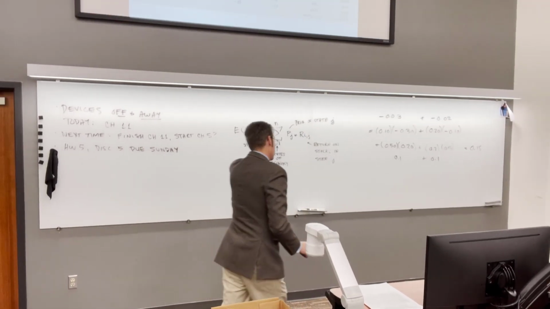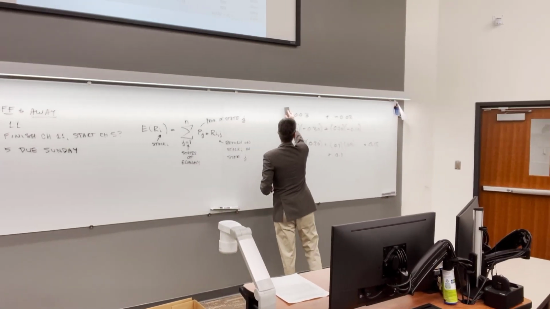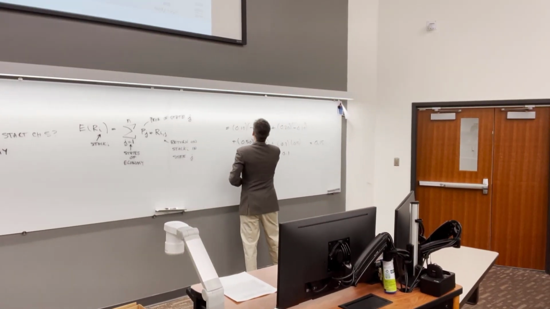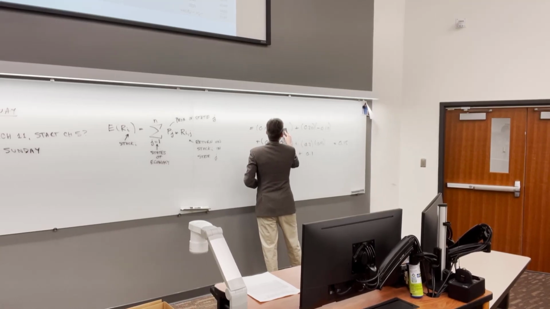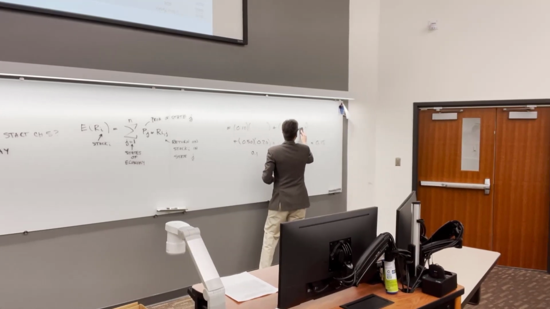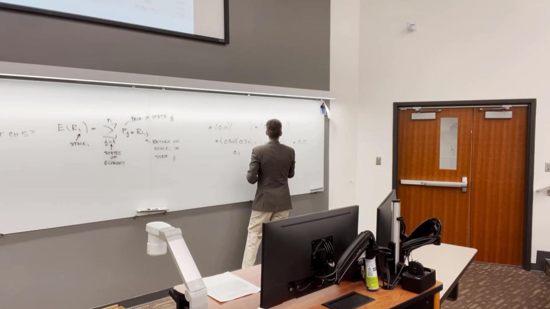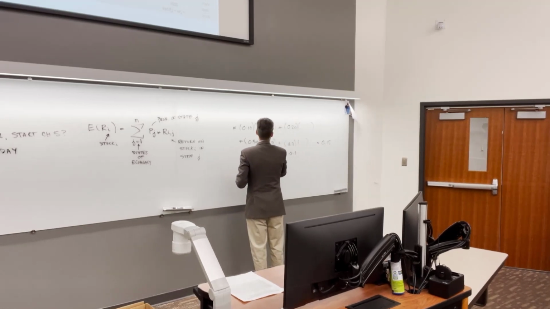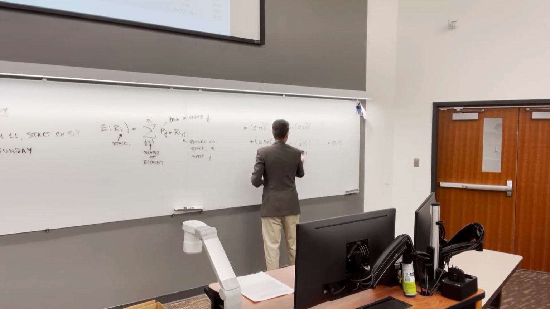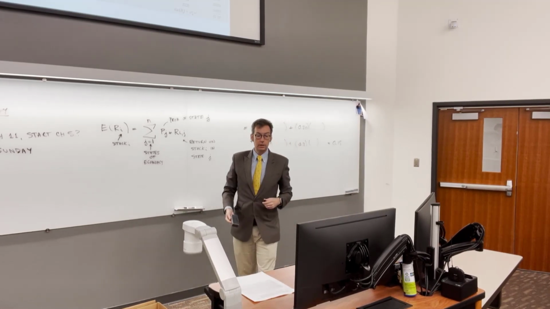Now the cool thing is here, because I have a dry erase marker, I can just erase, the probabilities stay the same, right? So all I've got to do is erase the returns in each of these scenarios and then fill them in with the returns from the new stock. So here we go.